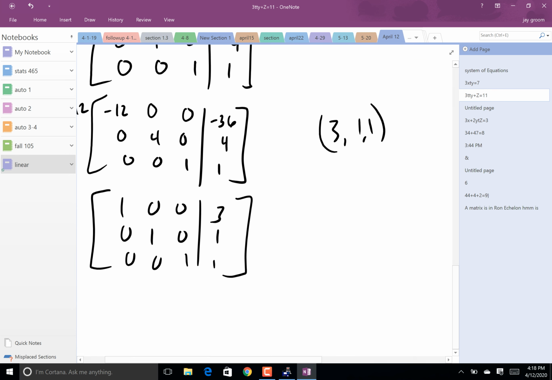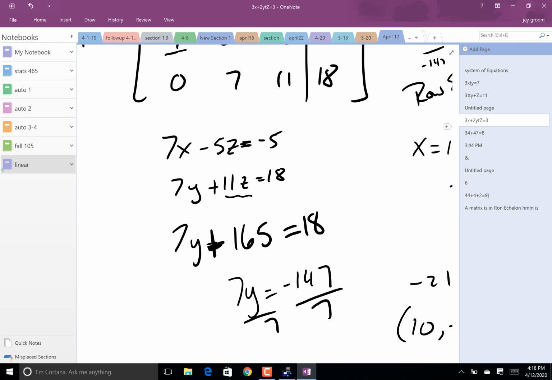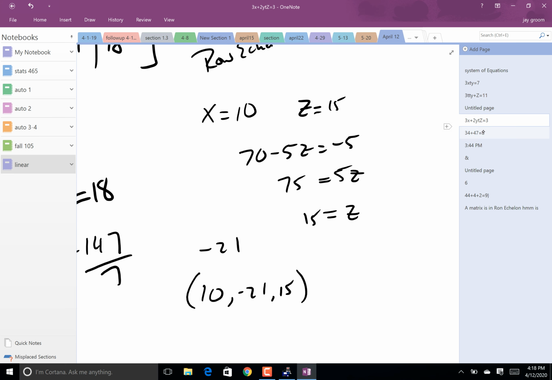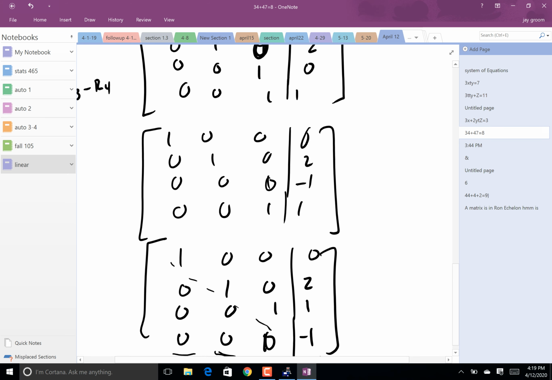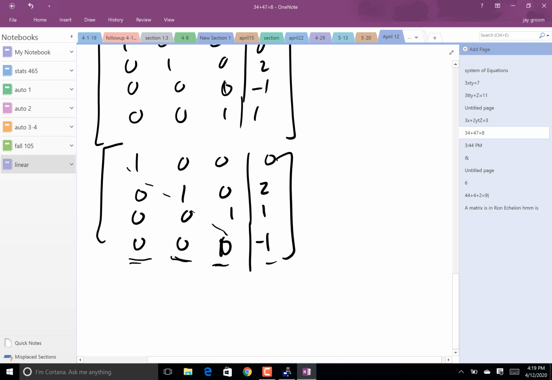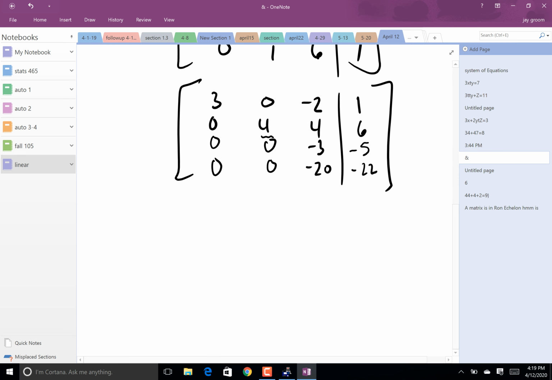For instance, that guy right there had a rank of 3 because there were 3 non-zero rows. Are you with me? This one here also had a rank of 3. This one here had a rank of 3 when I did it right.